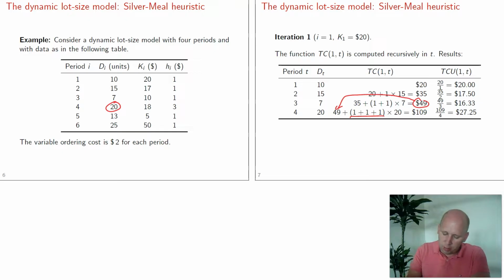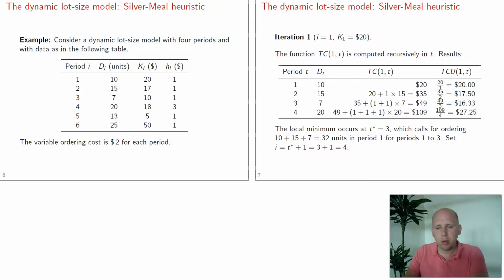If you divide that by 4, then you get 27.25, and then you see that it's now going up again. So this is the local minimum. That means that in period 1 we are going to order for periods 1, 2 and 3. That's what the Silver-Meal heuristic describes us to do.